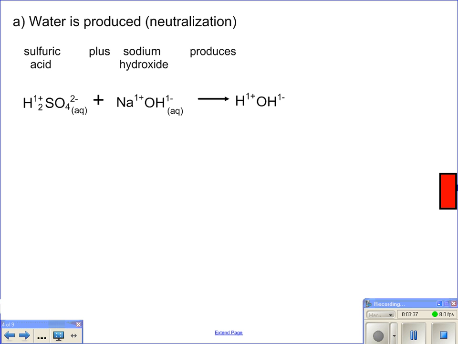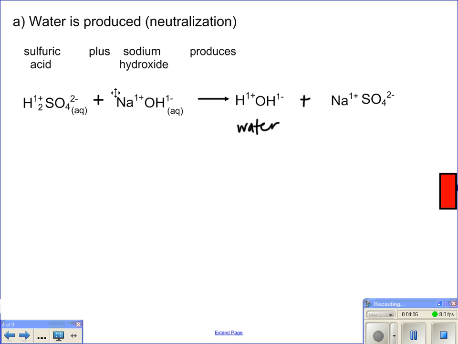Now, HOH is also known as water. So here is our neutralization product of water from an acid with a base. The other pairing of ions would be this inside one right here, which is the sodium, and we'll take it over there, and it gets paired up with sulfate. And this is a new partnership.